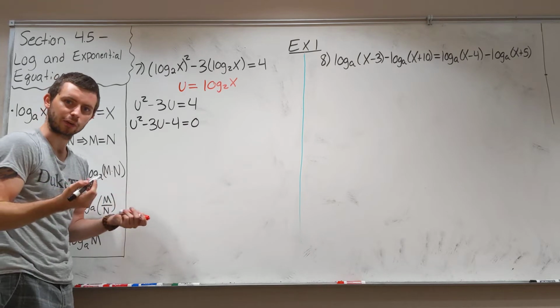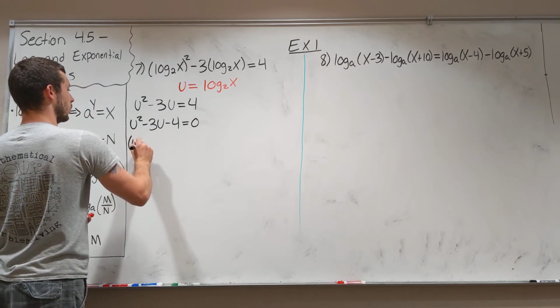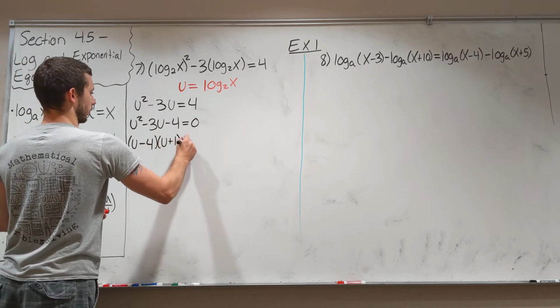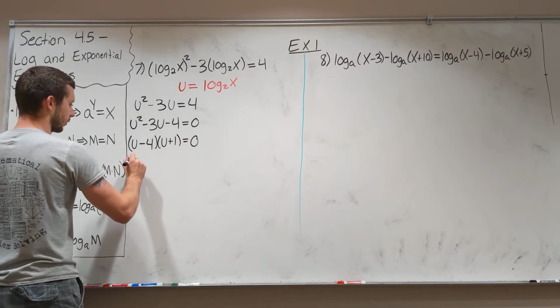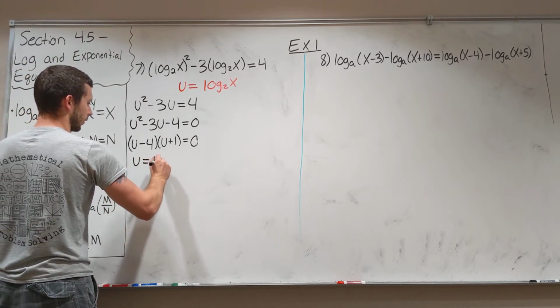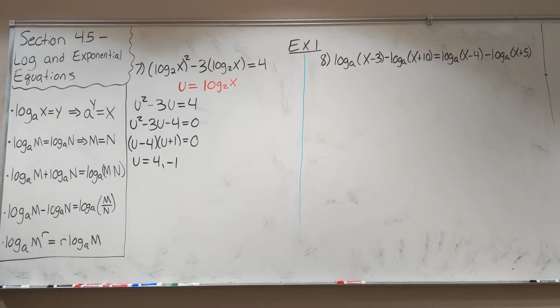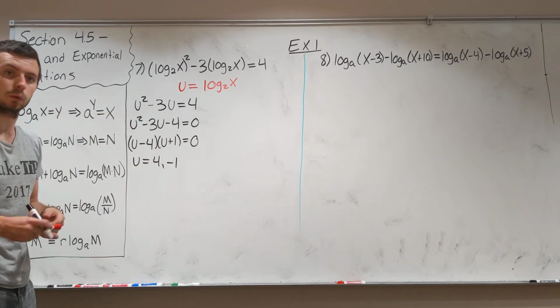We can go ahead and factor. The factorization seems to be U minus 4, U plus 1 is equal to 0. And from here, we simply get that U is equal to positive 4 and negative 1, each factor giving a different 0.